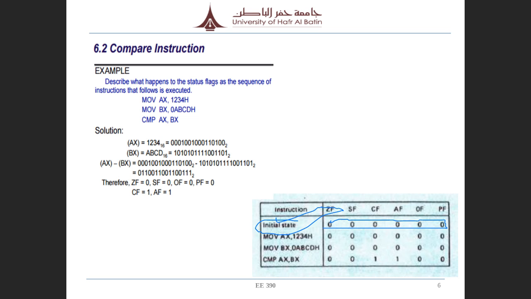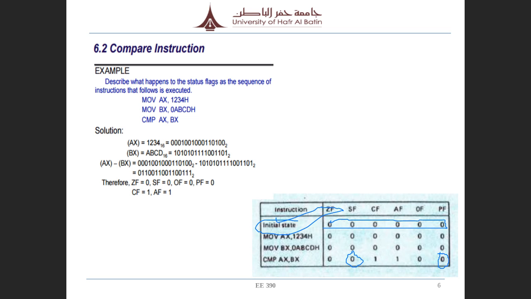We have to look at the result to determine the parity flag and the sign flag, because the sign flag is related to the MSB bit and the parity flag is related to the number of ones. But the other flags we can directly say without looking at the result.